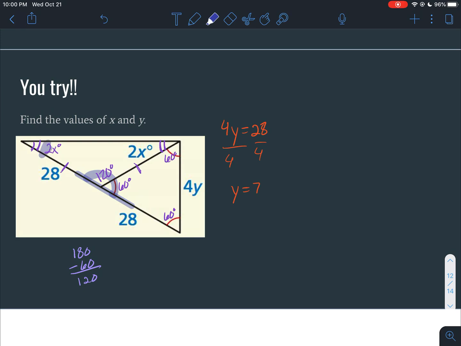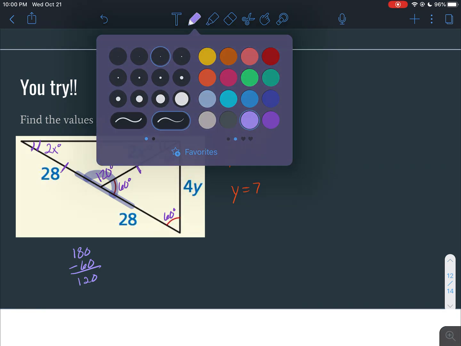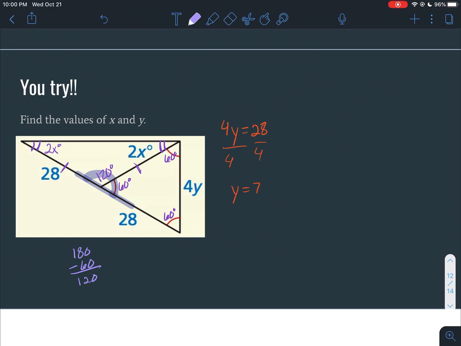Now I've got 3 angles, and I know the angles of a triangle add up to 180 degrees. So I'm going to say 120 plus 2x plus 2x equals 180. So 120 plus 4x equals 180.